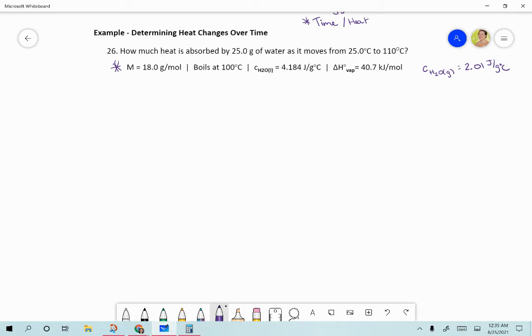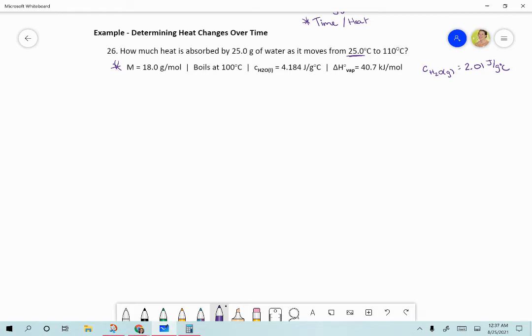So when I look at these problems, I write down how many steps I have, what equation I need to use for each step, and then I do the math for it. So we have to think about what's happening. We have liquid water because it's at 25 degrees Celsius, so I know that water is a liquid between 0 and 100.